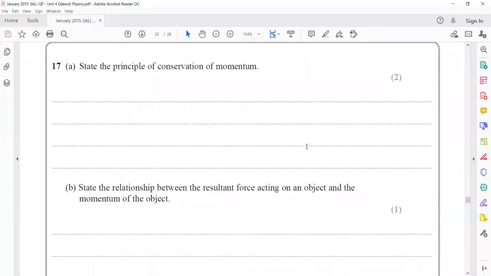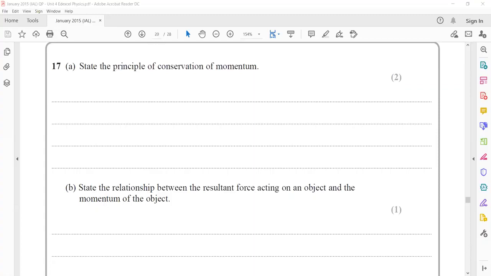Question 17, part A: state the principle of conservation of momentum. What does it state? Sir, the sum of momentum before and the sum of momentum after the collision should be equal. Equal, but it's for 2 marks. You will get 1 mark for this statement.